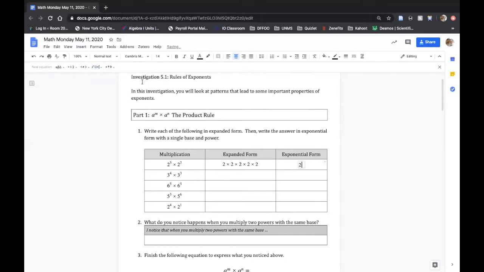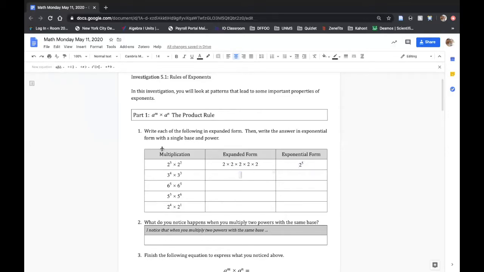So tap that. So 2, and my exponent's up top there, right? Actually, I hit this first. 2, right key, to the 5th power, because I have 1, 2, 3, 4, 5 2s.